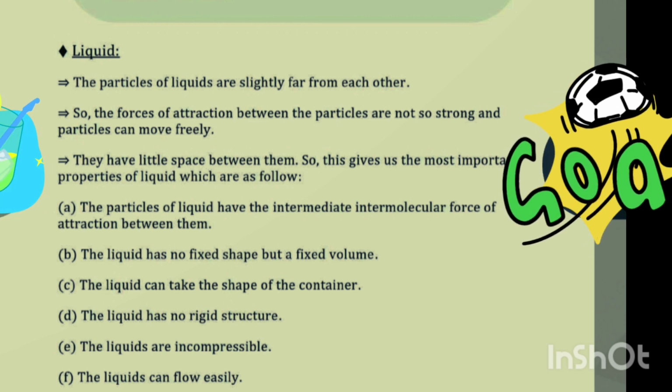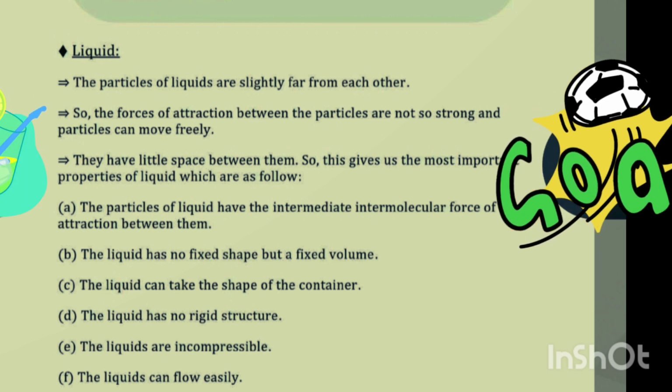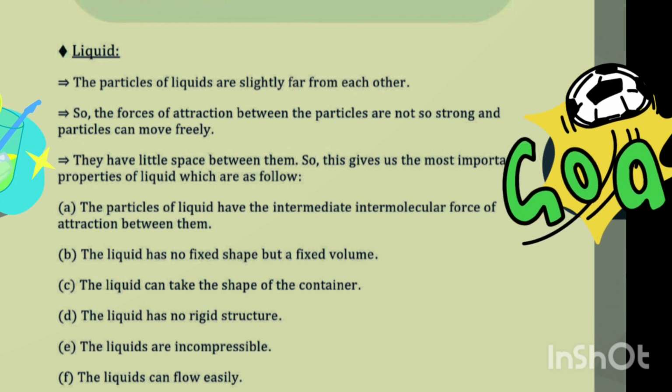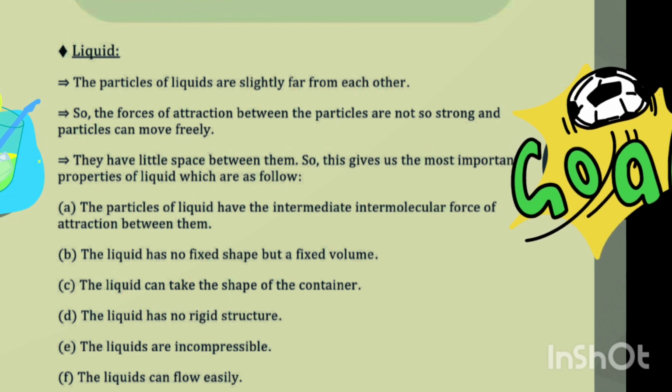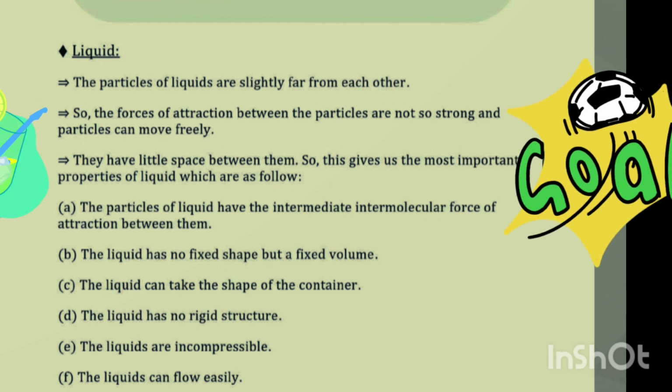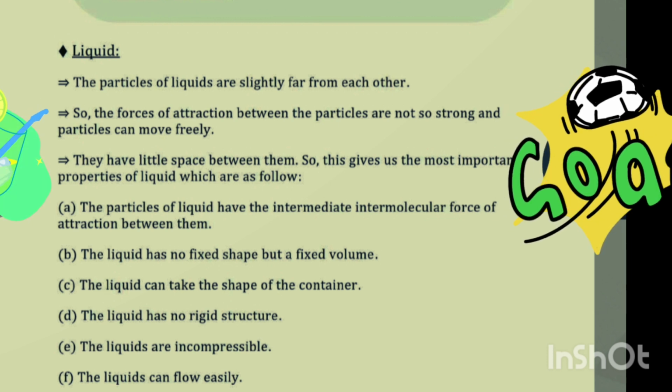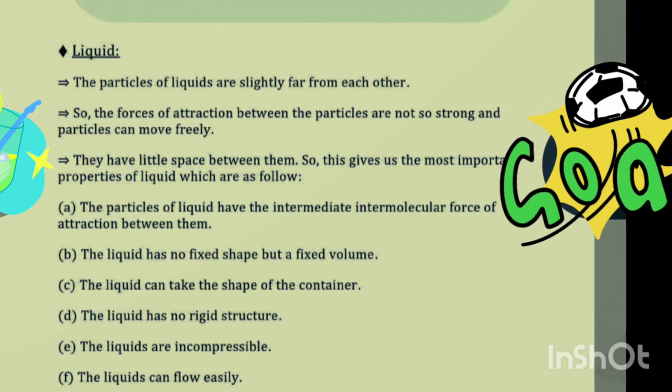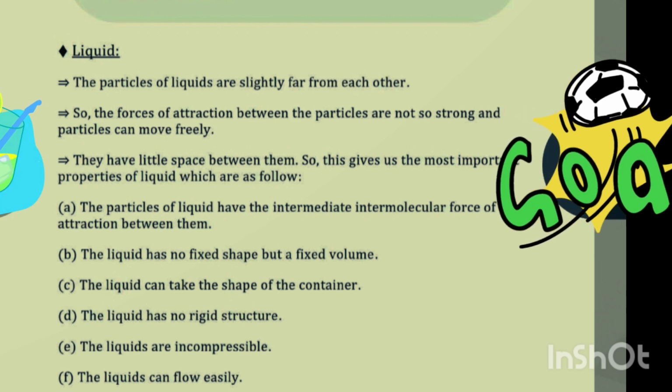Liquids have no fixed shape but they have fixed volume. Whatever the shape, a bottle, you can have hundreds or thousands of shapes of a bottle, the liquid will take the shape of the container.